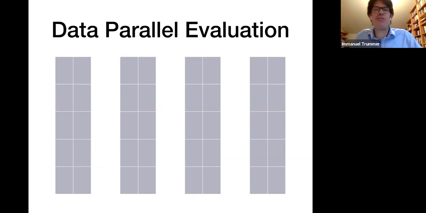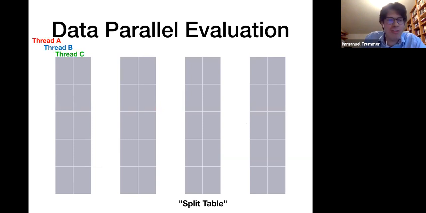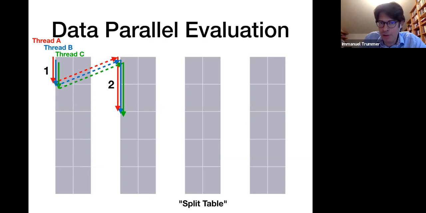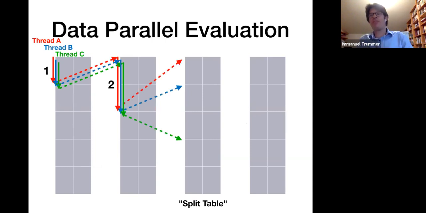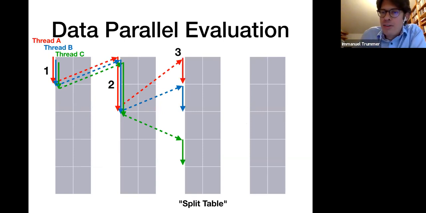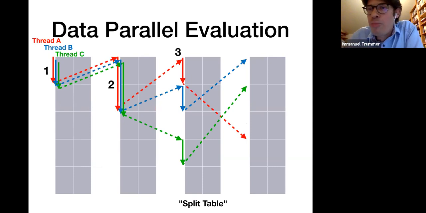So with multiple threads, we would select one split table such that those multiple threads execute the same steps before the split table in join order. And then starting from the split table, they diverge and are responsible for different partitions in that split table and therefore produce different non-overlapping result tuples.